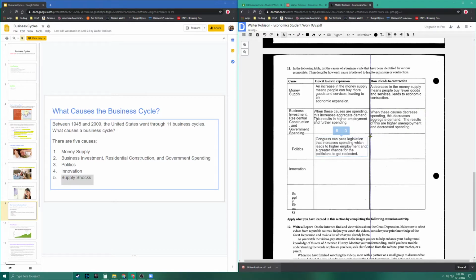And then how does this lead to contraction? Congress can cut spending. Which leads to higher unemployment and greater chance for contraction.